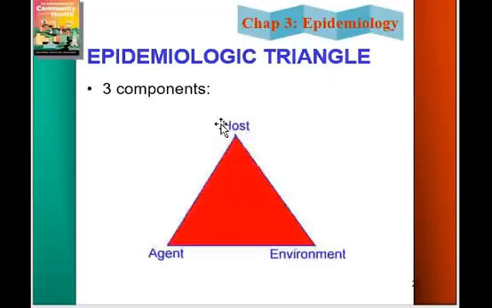Each component of the epidemiologic triangle must be analyzed and understood for the comprehension and prediction of the pattern of disease. And any change in the components could alter the equilibrium of this triangle, and that could lead to the occurrence of disease.